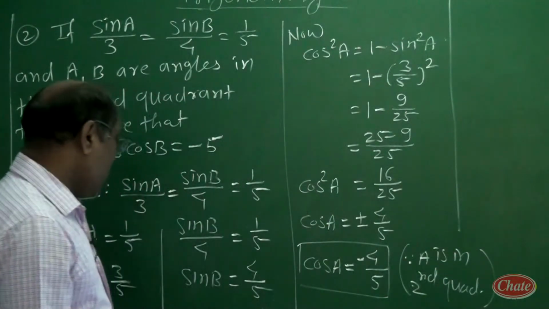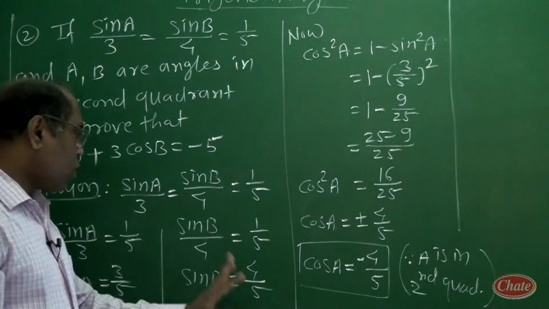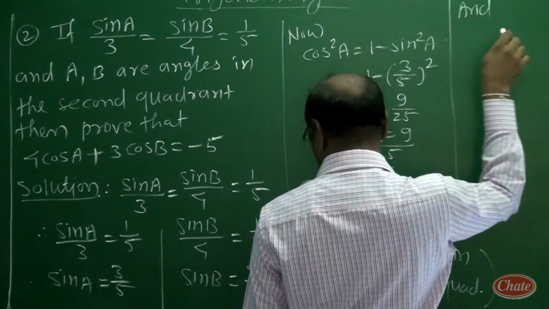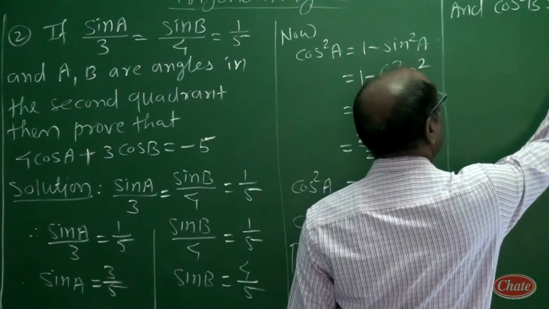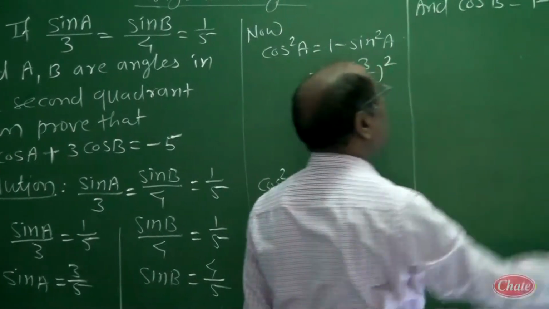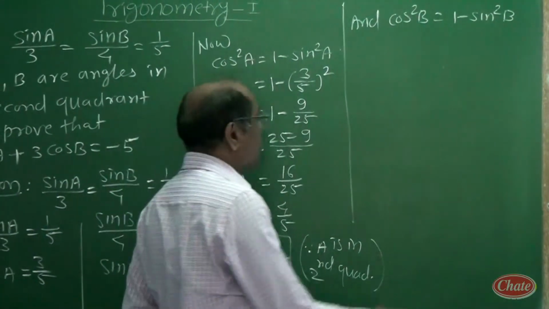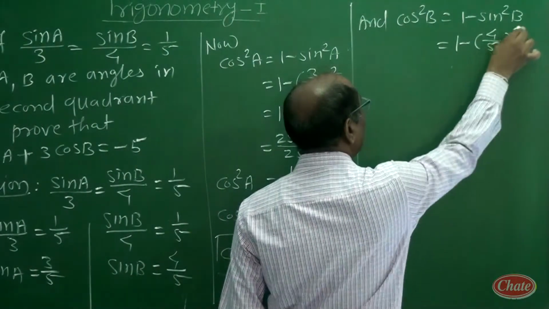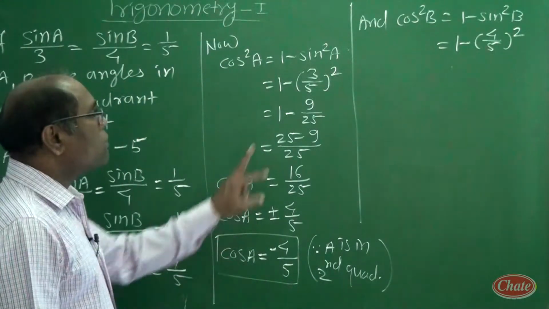Now here sin B is equal to 4 by 5, but to find out the value of cos B, cos square B is equal to 1 minus sin square B. The value of sin B is 4 by 5, so 1 minus (4 by 5) square.